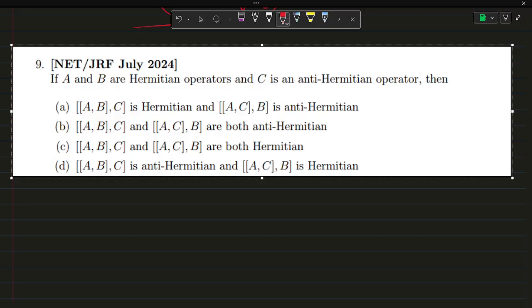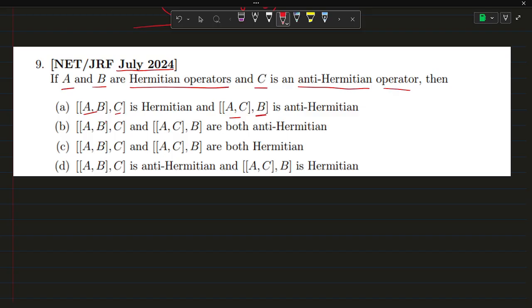Now let's solve question number 9. This question was asked in July 2024. The question is: if A and B are Hermitian operators and C is an anti-Hermitian operator, then ABC is Hermitian or ACB is anti-Hermitian.